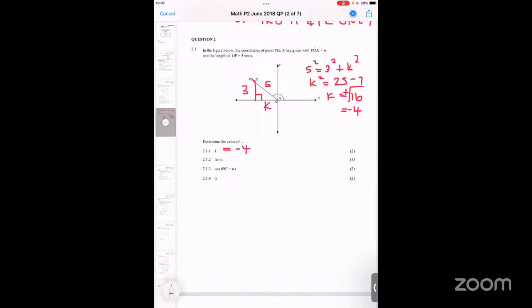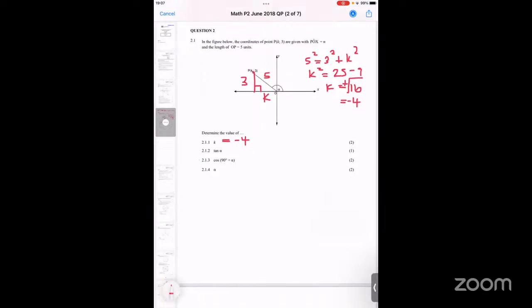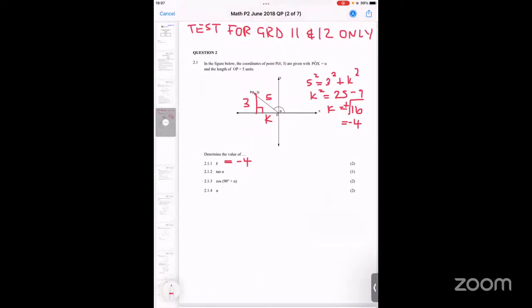100%. Exactly that, Harry. Without me having to refer to the memo, I am confident with what you've just said, and it shows that you fully understand what's happening there. The most important part of this question is to ensure that your right-angled triangle is complete, by that I mean it has all the values.